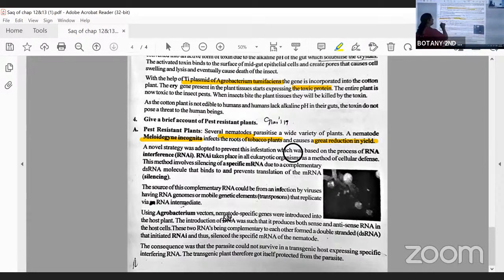The tobacco plant has RNA as the genetic material, and this RNA is a single-stranded RNA. Remember, single-stranded RNA can be seen in tobacco plants.